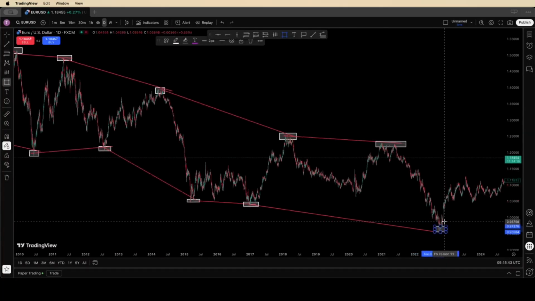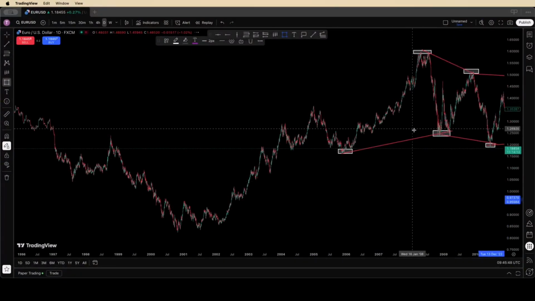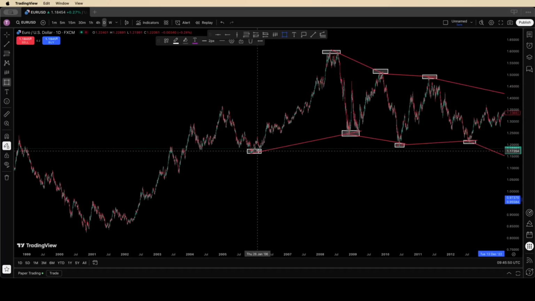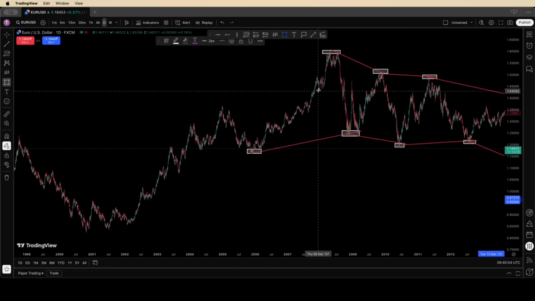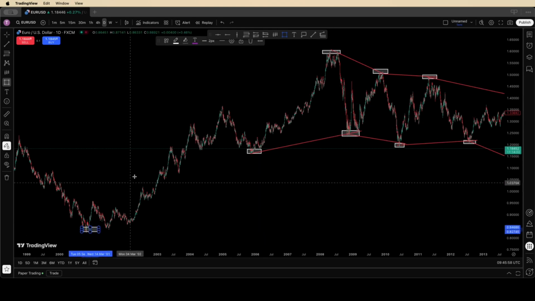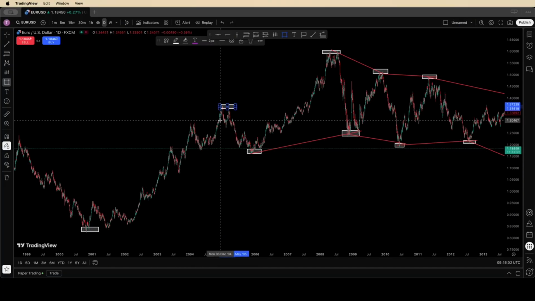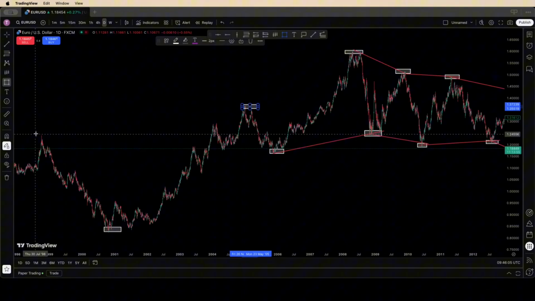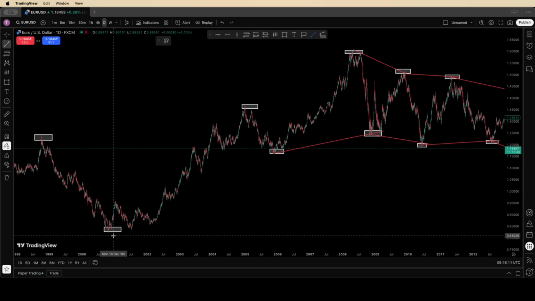So this is one way of doing it. You can go deeper and mark each point, or you can do it bigger like this, which means you avoid looking at all the noise inside of it if you want it to be easy.